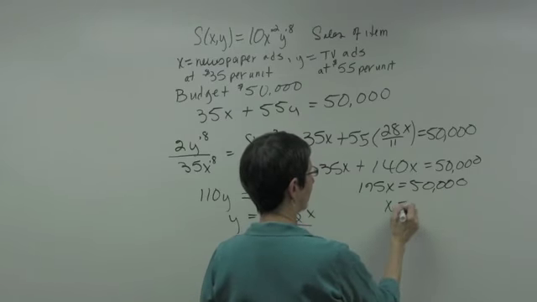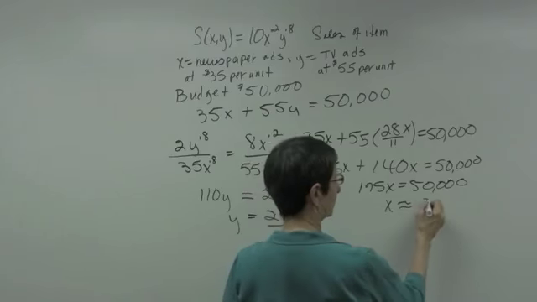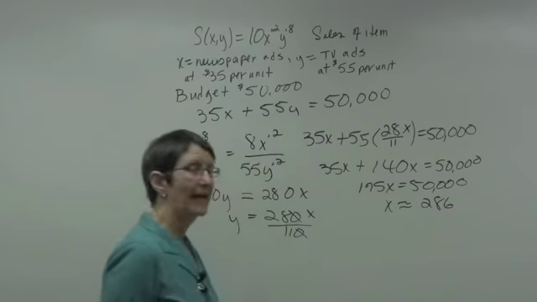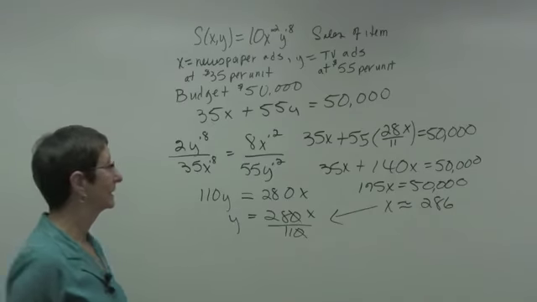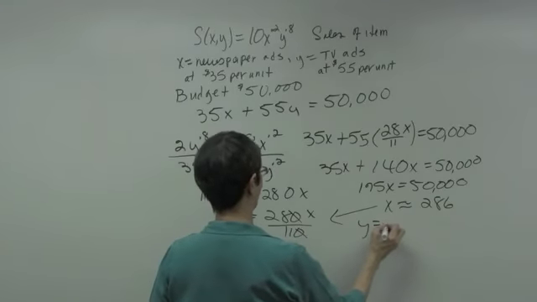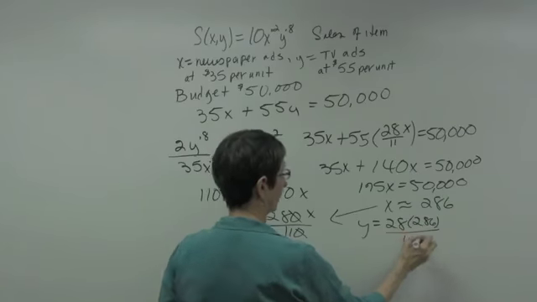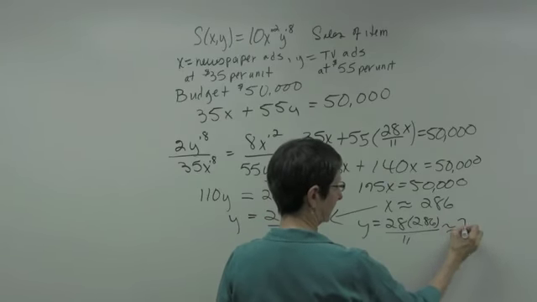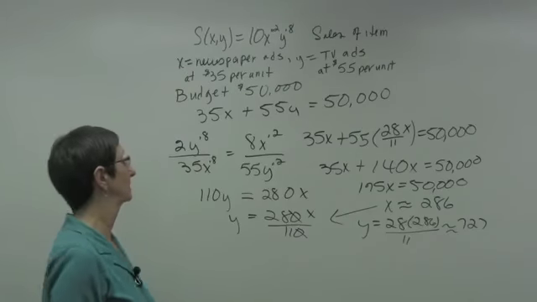So my x turns out to be about, when you divide and round, about 286. And then I put that back over here to get the y. So my y is equal to 28 times 286 over 11, which turns out to be about 727. So that's how the rounding issue comes out.